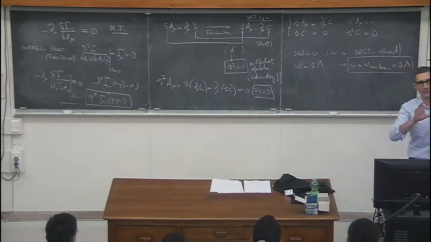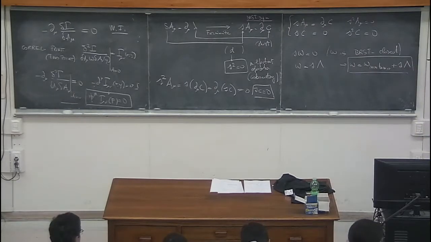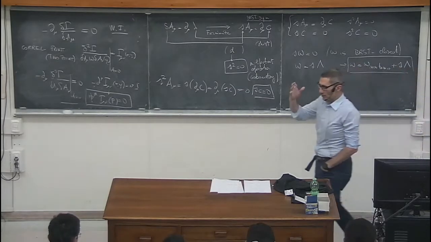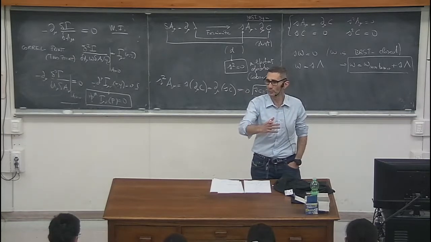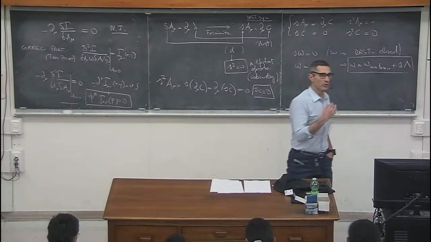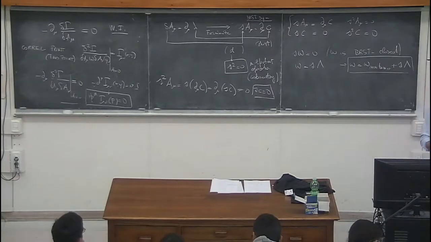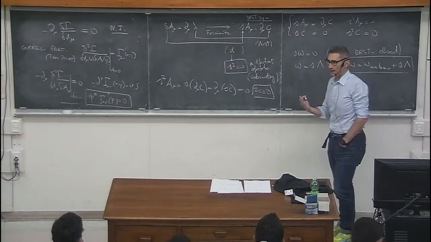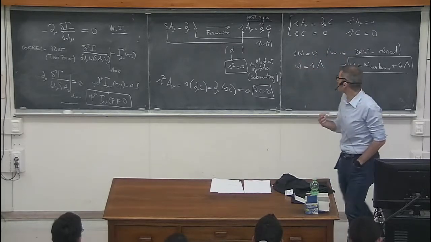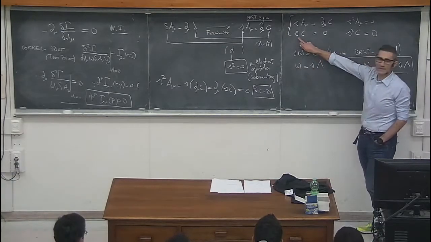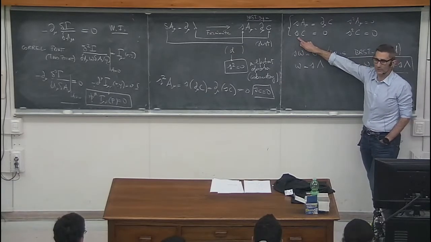There are small differences, but since Nathan was mainly using fields which are on-shell from a worldsheet or worldline point of view, he is able to use a charge. Since we are not using on-shell fields, but really dealing with the action, I will use a BRST symmetry, or let's say the differential operator S, okay?